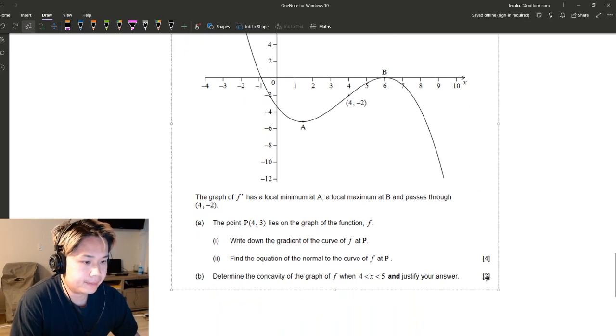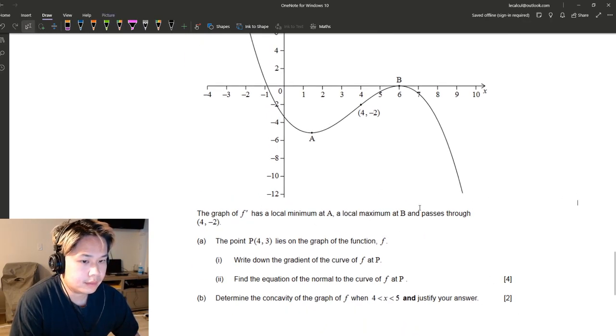Now, what does it say? This graph has a maximum here. Sure. Minimum here. And then it also goes through this point. Sure. Okay. Then this point is on the actual function f.